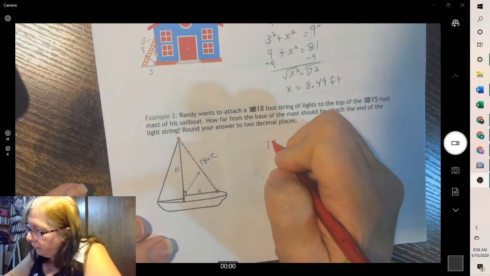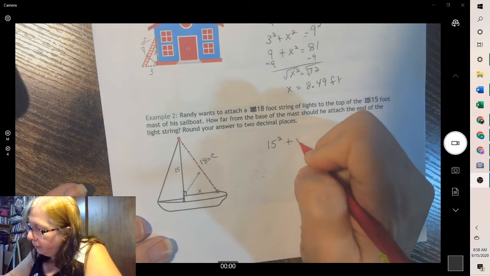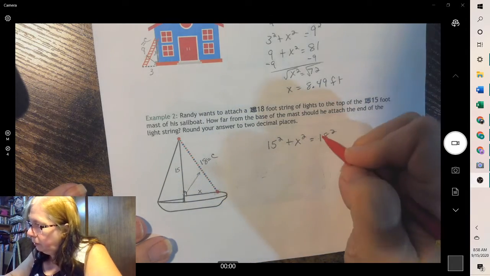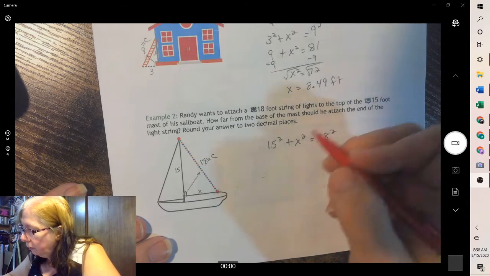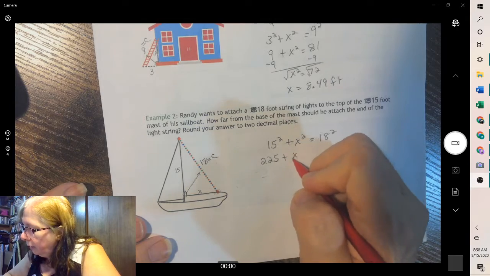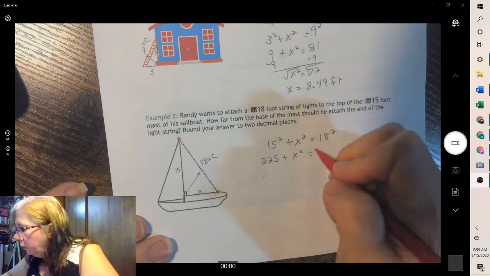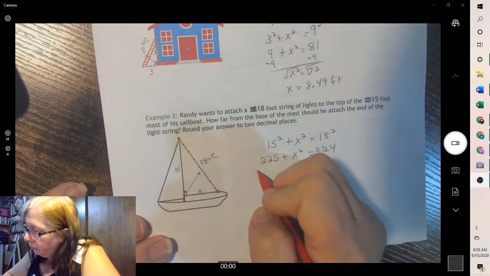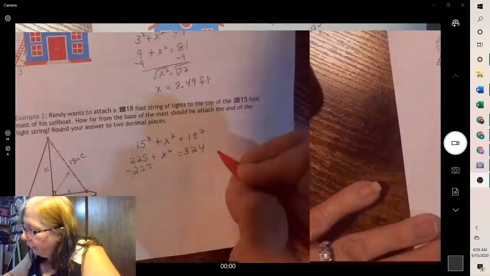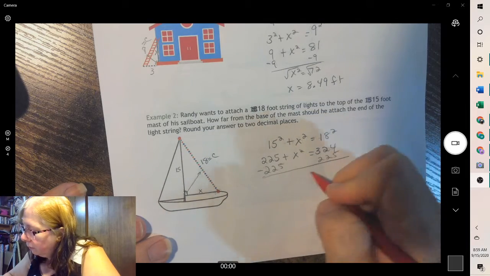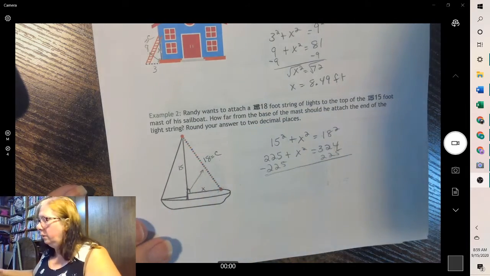So we have 15 squared plus x squared equals 18 squared, because this is our C. 15 squared is 225 plus x squared equals 324. Subtract the 225, and we get 99.